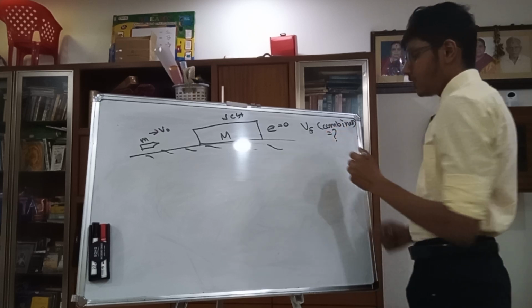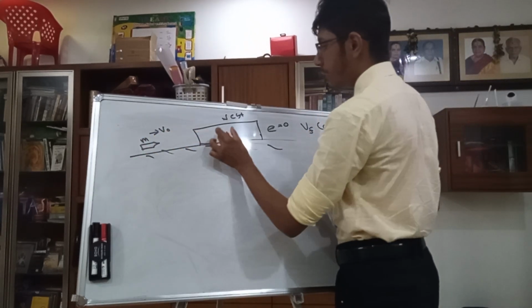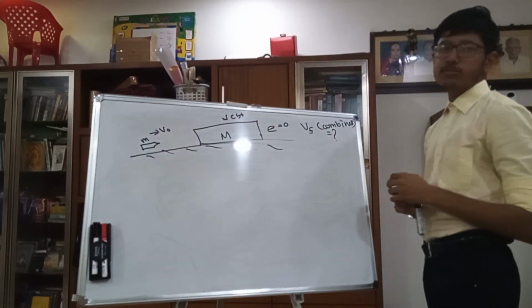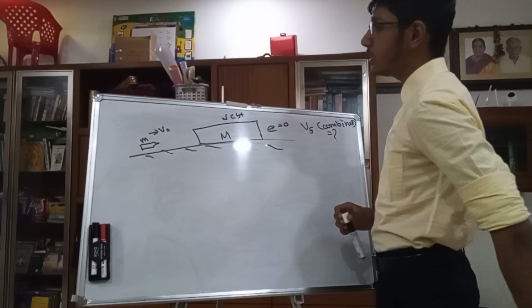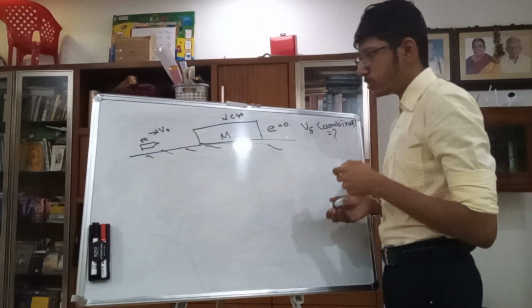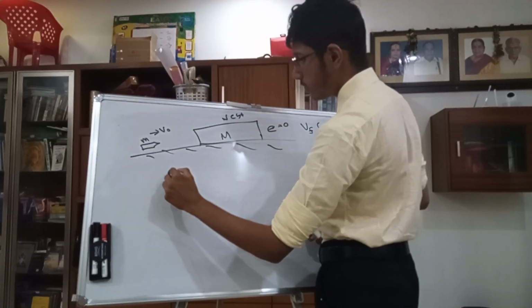Can you get the feel that this mass is going to be embedded with that mass and both are going to move with the same velocity? Initially it's traveling with a different velocity, but after striking, both masses travel with the same velocity. So can I conserve linear momentum here?